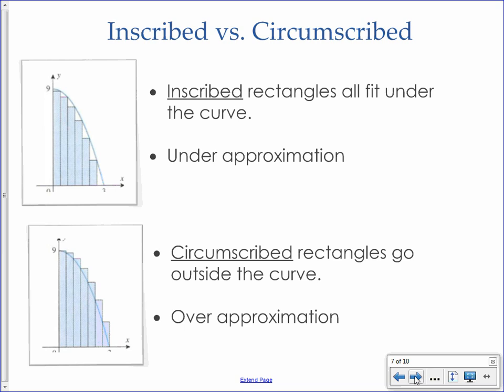Anytime our rectangles are inscribed, which means they're all inside of our curve, we are under approximating. Anytime our rectangles are circumscribed, which means we're outside of the function, we are over approximating.